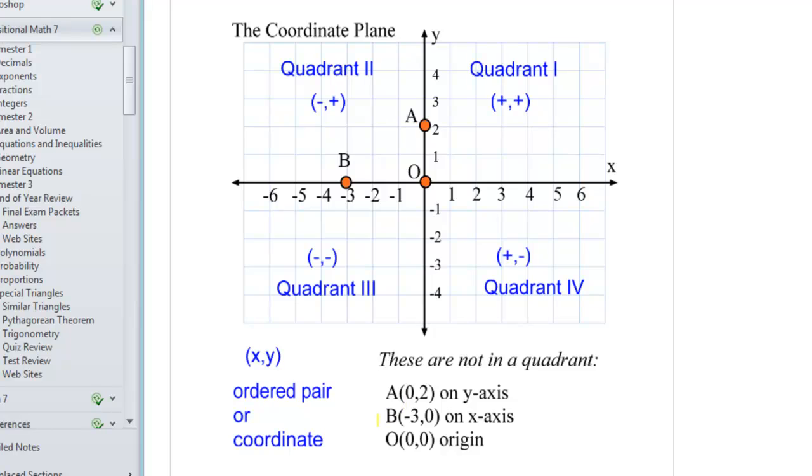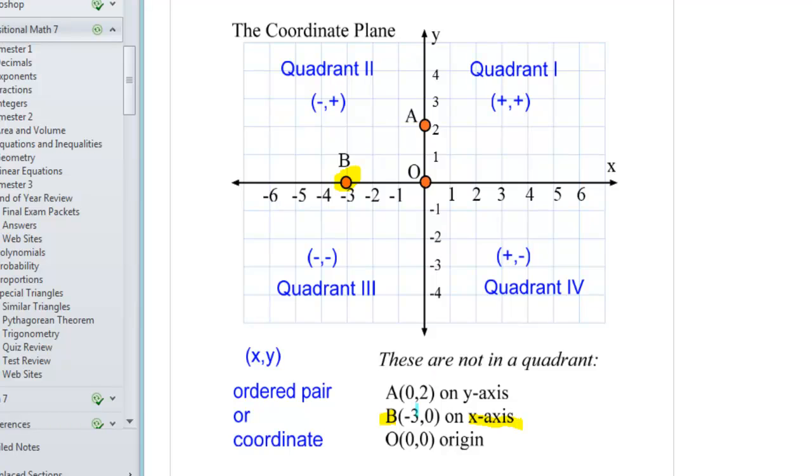The next ordered pair is for the point B. Here's point B right here. And so we'll notice that B is where? It's on the x-axis, right? So it's not in any of the quadrants either. So if you're asked what quadrant it's in, you would just say x-axis, since it's not in a quadrant.